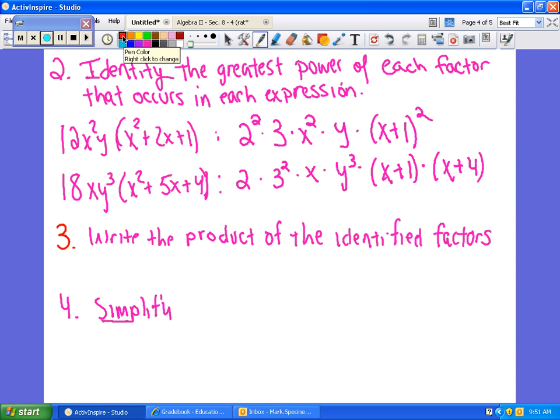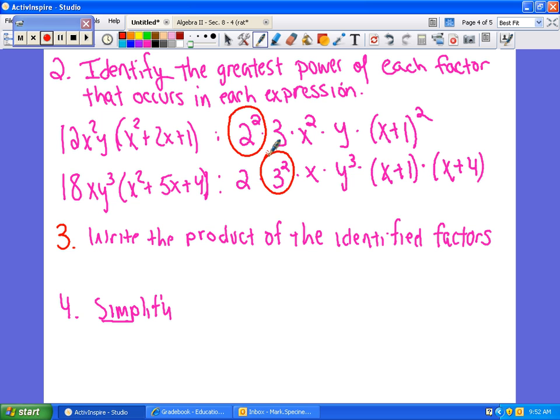In other words, I have 2 squared here and I have 2 here. I have 2 squared as my greatest factor. So I'm going to circle or underline or highlight the bigger one. So you do that for each factor in your list. So for the 3's, it's 3 squared.